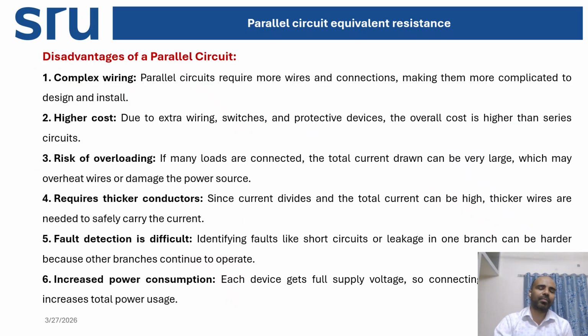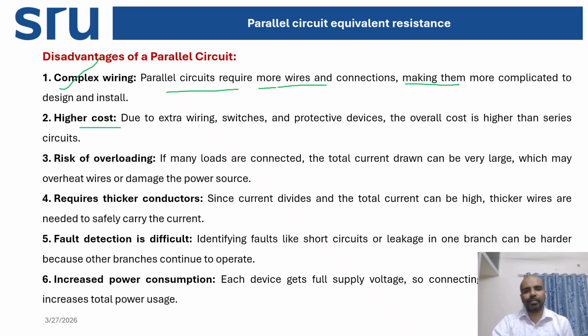So what are the disadvantages of a parallel circuit? First, complex wiring. A parallel circuit requires more wires and connections, because you need to connect all the circuit elements at one common point. One end is connected to one common point, and the other end of all circuit elements is connected to another common point. So you need more wires.